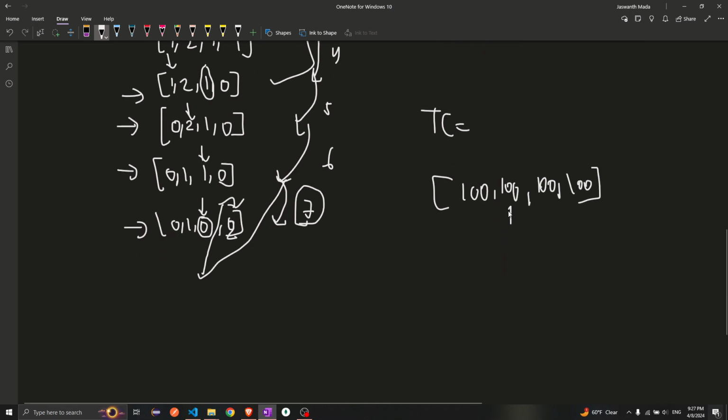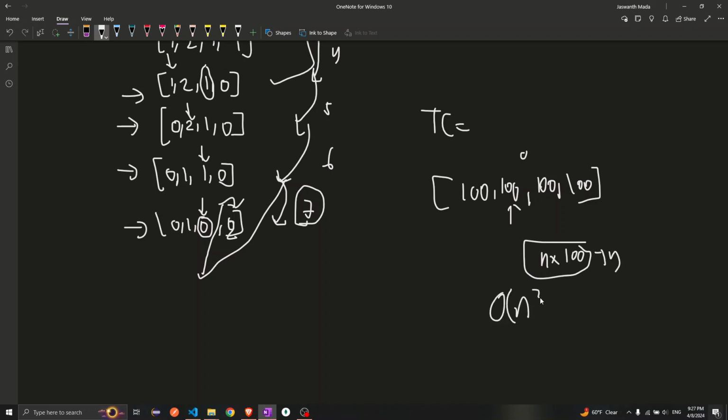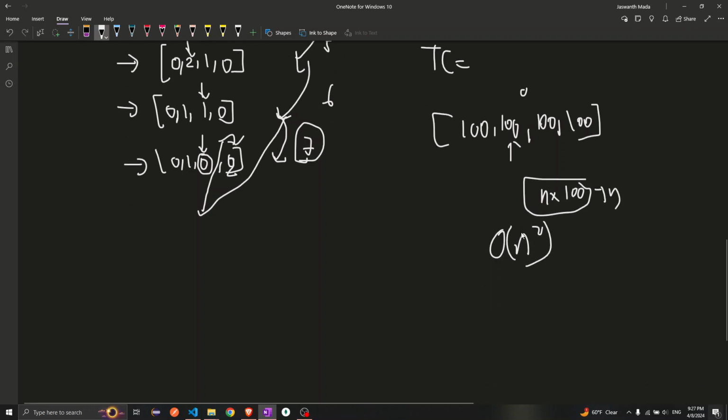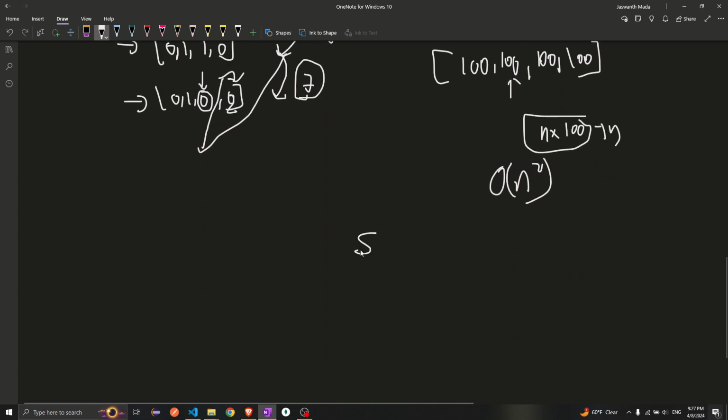So for this to become zero, we need n into 100, right? 100 means nothing but n. So time complexity will be order of n square, right? And the space complexity is order of 1.